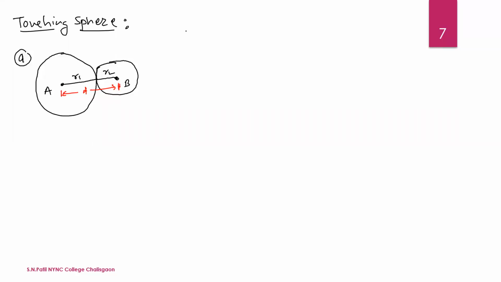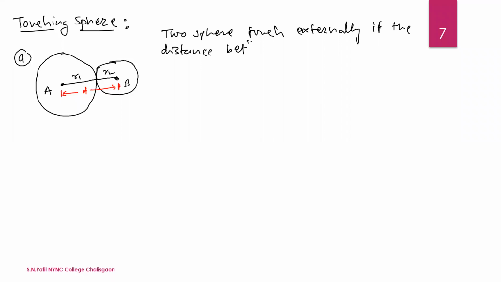Touching spheres. Two spheres touch externally if the distance between their centers is equal to the sum of their radii.